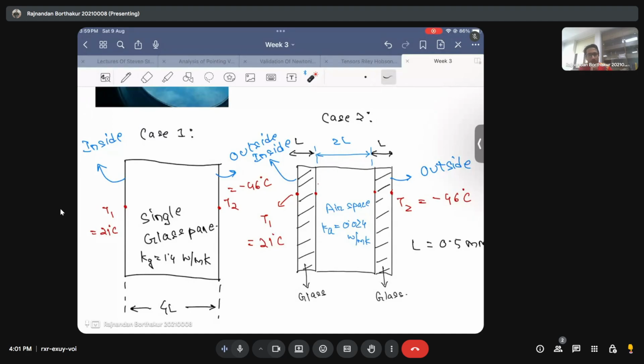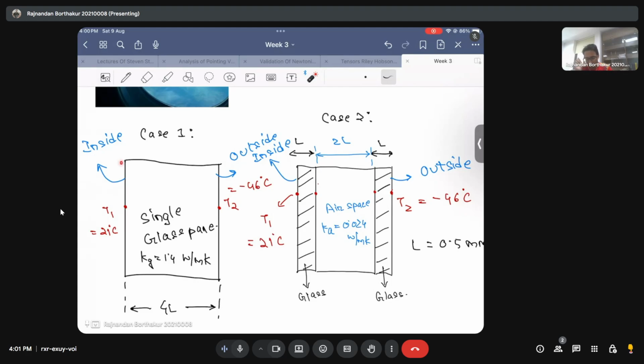In general, there will also be a convection resistance in this scenario. But again, for simplicity, I am assuming that the left hand side of the glass pane, which is in contact with the inside of the aircraft, is just the temperature T1, which is the comfort air conditioning temperature inside the body of the aircraft.